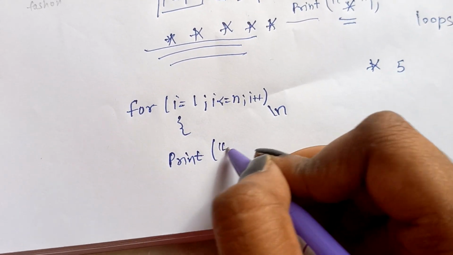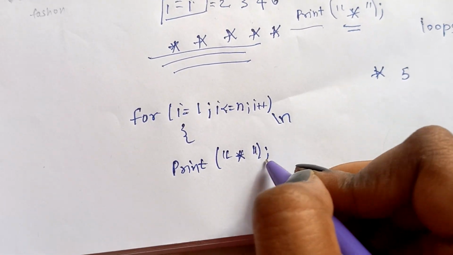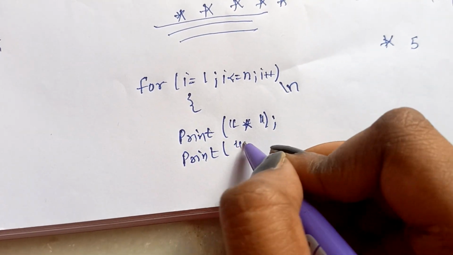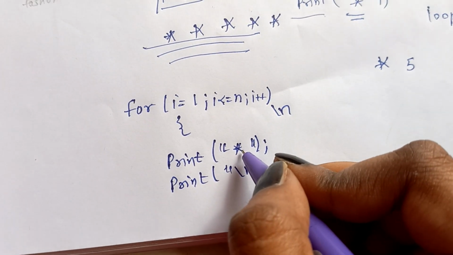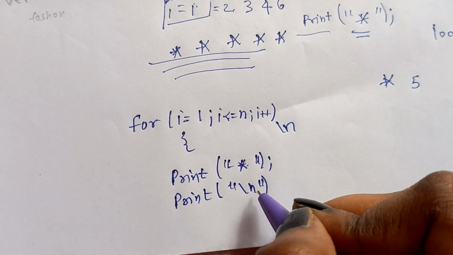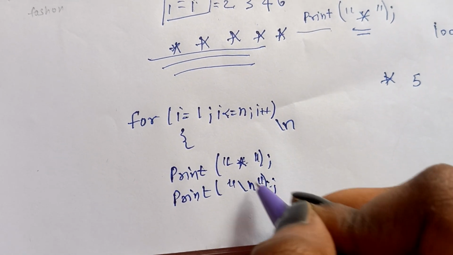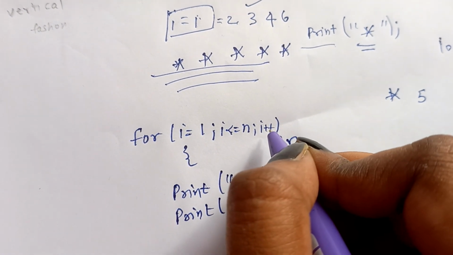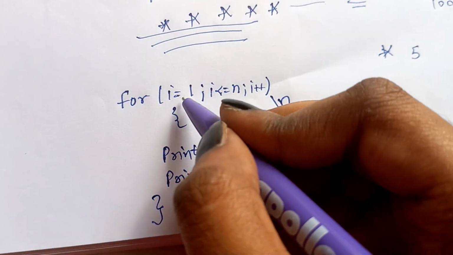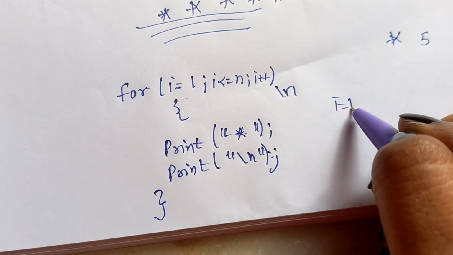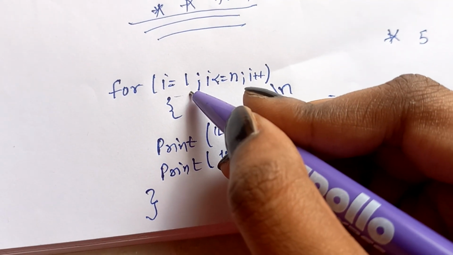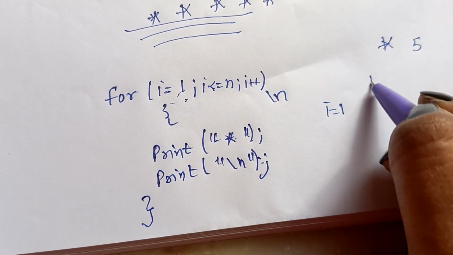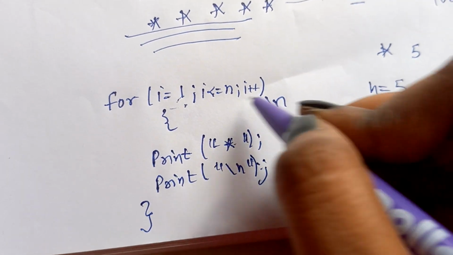Before, it would print horizontally, but now when we write /n, after printing, it goes to the next line. Then it goes back to the loop header and checks. For suppose I is equal to 1 and n is equal to 5, it compares I with 5.